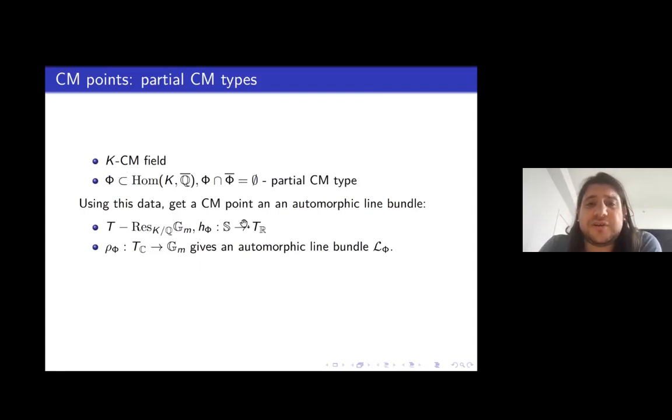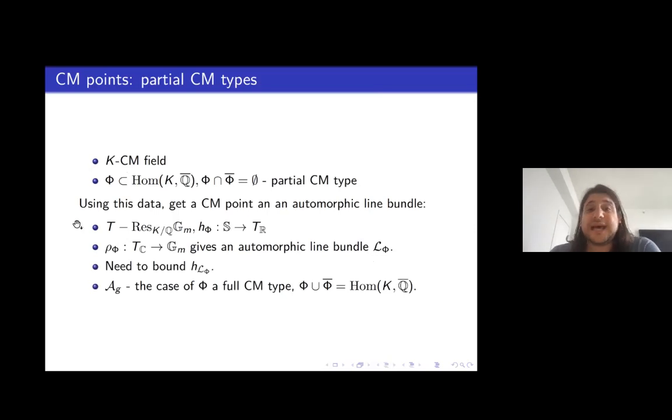So you get a canonical Shimura variety. You also get a canonical automorphic line bundle, where you take the co-character corresponding to this partial CM type. I know I'm skipping a bunch of details, but I just want to show that it's all very group theoretic in terms of tori in these cases. And now we need to bound this corresponding canonical height function, which I haven't defined for you yet, but I promise I will.